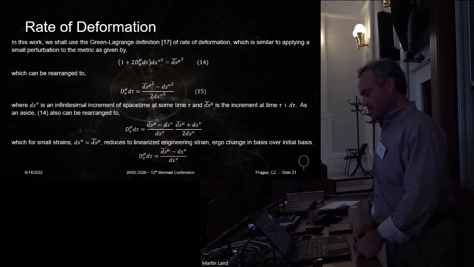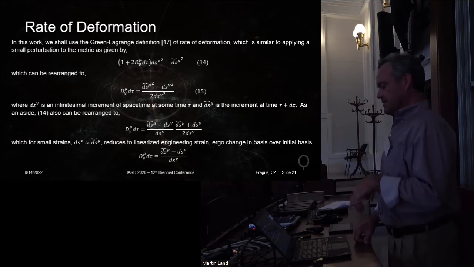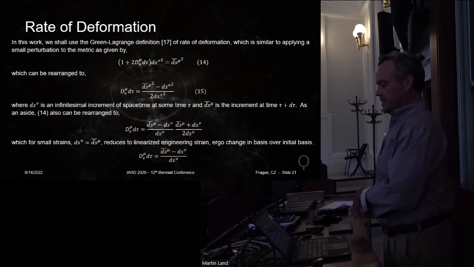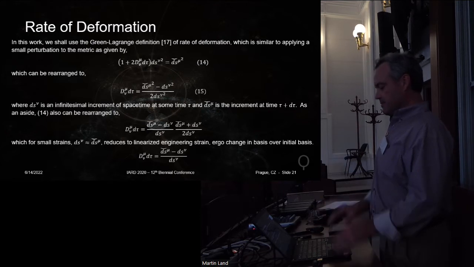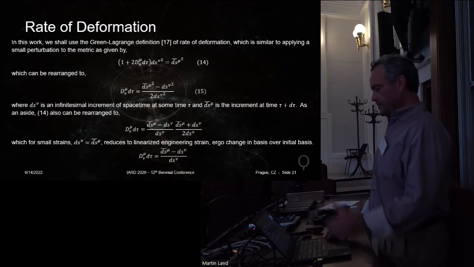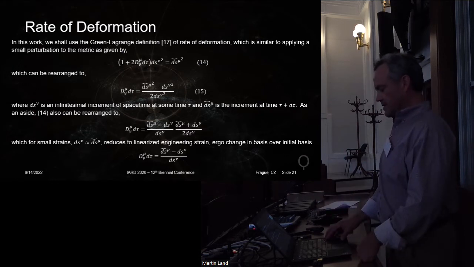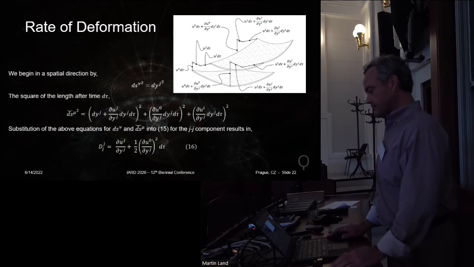And you can rearrange that Green-Lagrange definition to equation 15, which is essentially the square of the later distances minus the square of the earlier distances, all over 2 times the square of the earlier distances. And that's what we're going to use to write our rate of deformation tensor in 4 dimensions. The other 2 equations just show you how you can break that down and linearize it to engineering strain, which is one of the cool parts of this type of mechanics: you can linearize it.